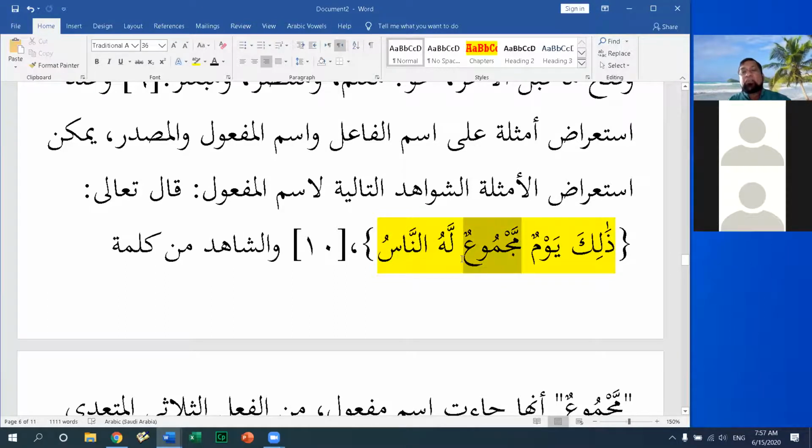People would be gathered for it. So جمع means to gather. ربنا إنك جامع الناس ليوم لا ريب فيه. That's another ayah in the Quran. جامع would be ism al-fa'il. مجموع would be ism al-maf'ul.